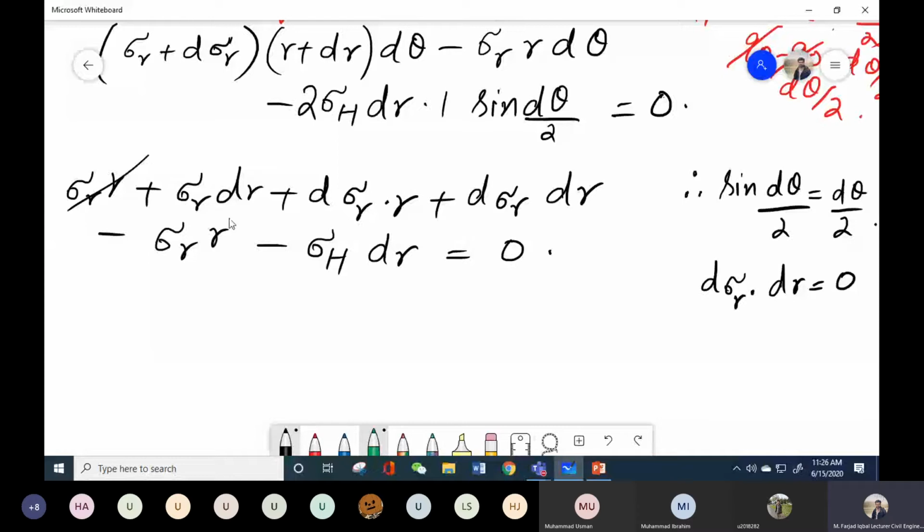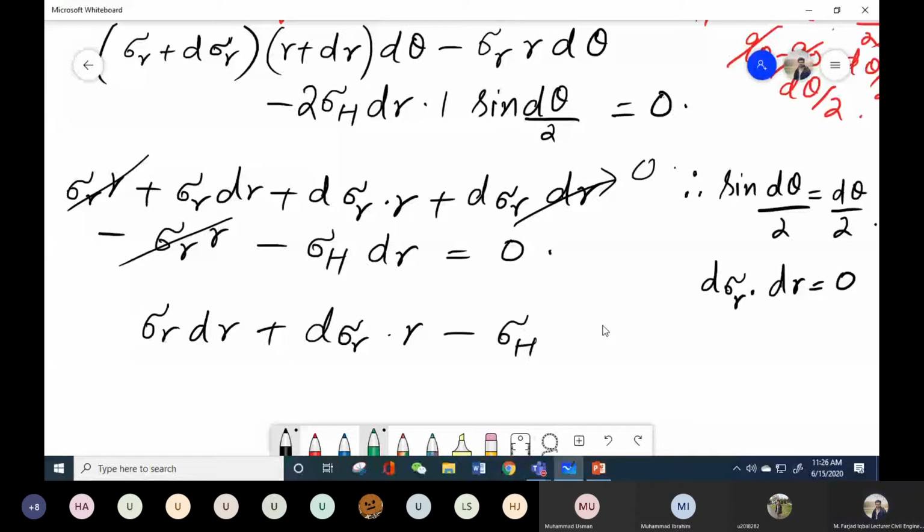So this factor will be cancelled out with this one. This factor will be 0. I'll be left with three factors that are sigma r dr plus d sigma r dot r minus sigma h dr is equal to 0.